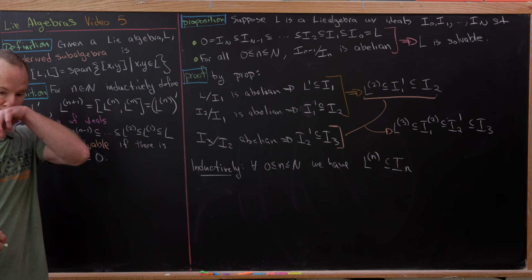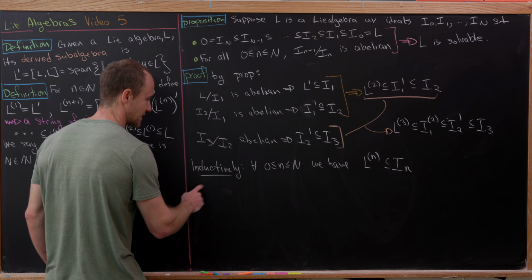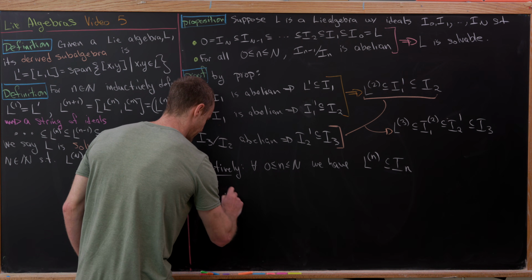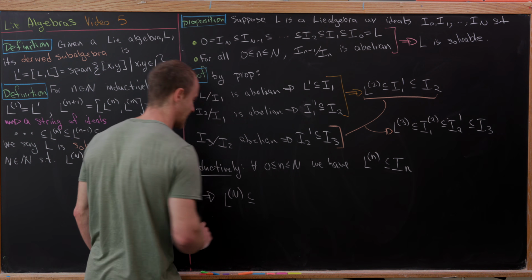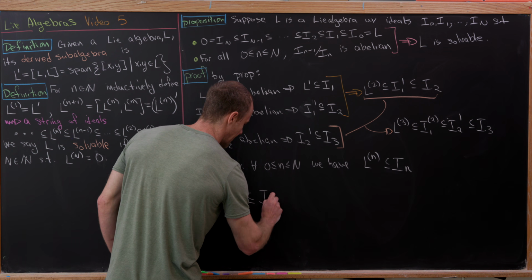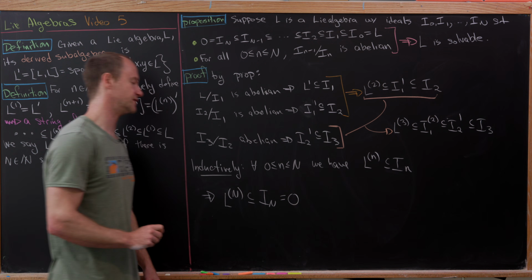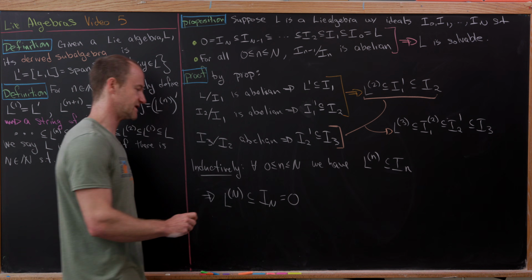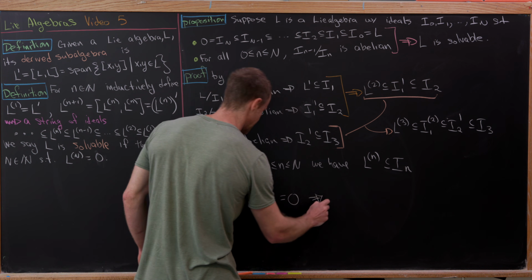Okay, good. But now what does that tell us? Let's set lowercase n equal to capital N, and then we have L upper capital N is a subalgebra, or an ideal, of I_N, which was equal to 0. But the only thing that's a vector subspace of the 0 vector space is the 0 vector space itself.